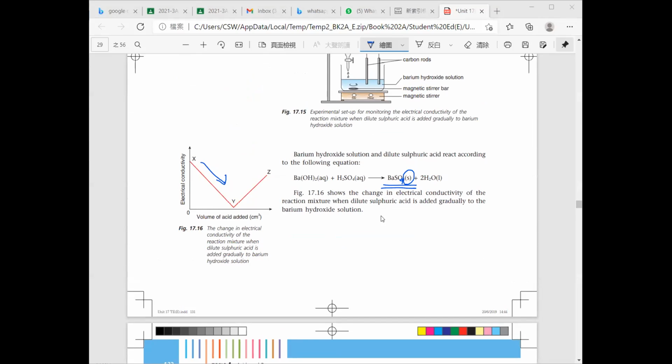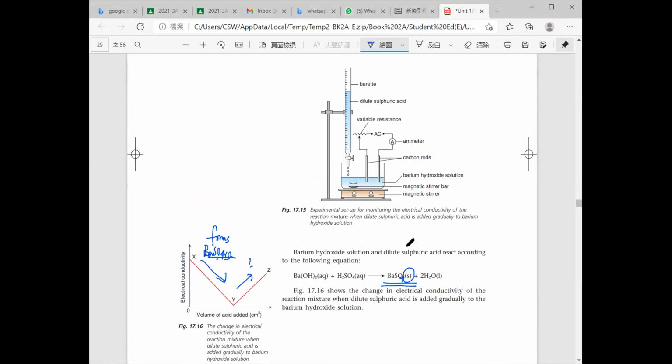Can you see it? So what happens after Y? The electrical conductivity increases. Why? Because the hydrogen ions from the sulfuric acid, if you say only hydrogen ions were responsible for the difference in electrical conductivity. Now, in order to answer that question, you should know what Y is in this case.